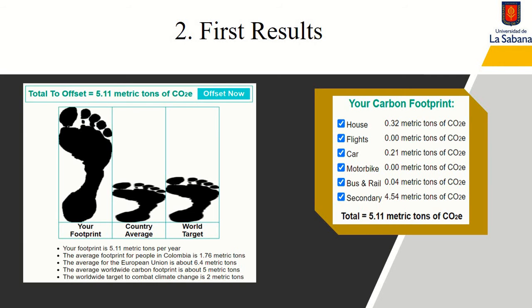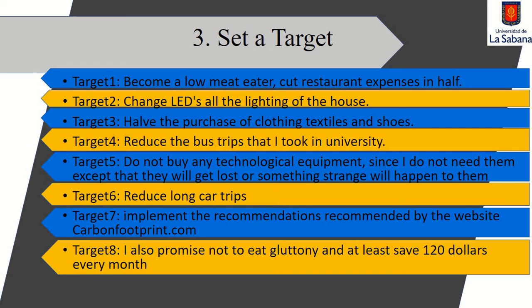The next step is to set targets, and I selected 8 targets. The most important that I consider: become a low meat eater, cut restaurant expenses in half, change the LEDs or the lighting of the house, stop purchasing flooring, textiles and shoes, reduce the bus trips that I took in university, do not buy any technological equipment since I don't need them, unless they get lost or something strange happens to them.